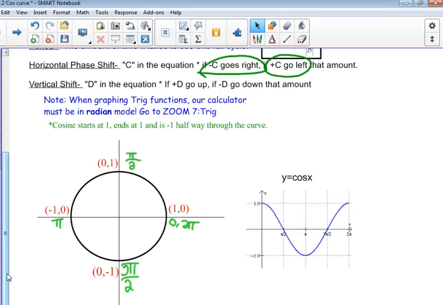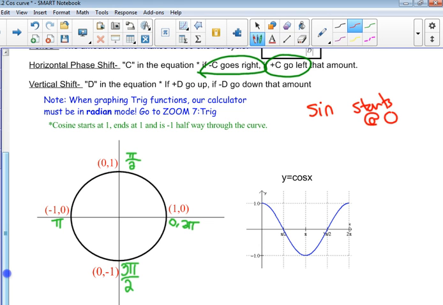All right. So a couple things that are different between the sine and the cosine curve. Do you guys remember where the sine curve always starts? 0. Good. Always starts at 0. And the cosine starts at 1. Good job. Now I want to be careful with this idea.